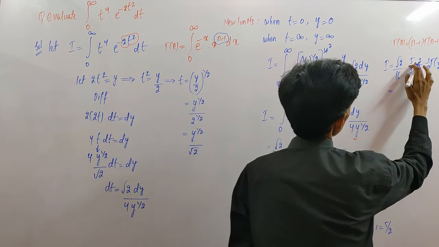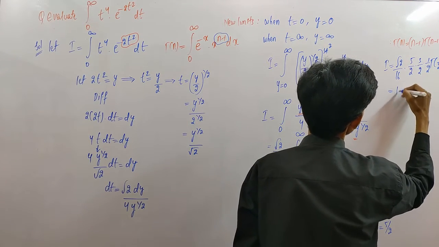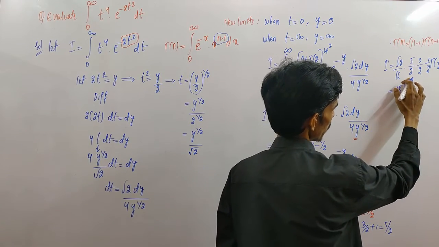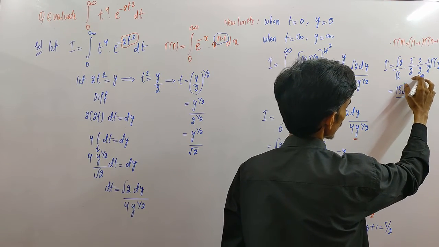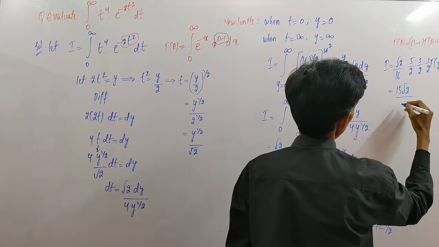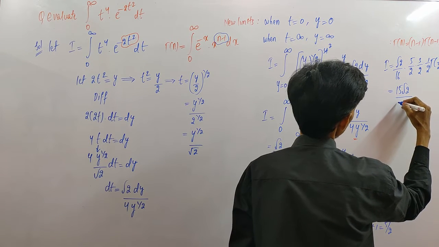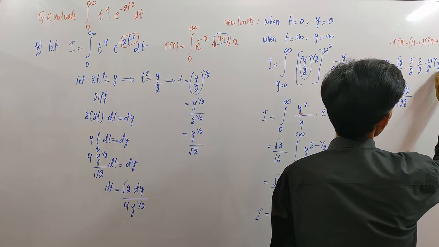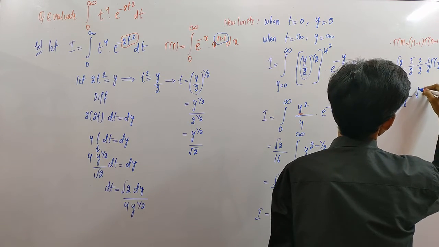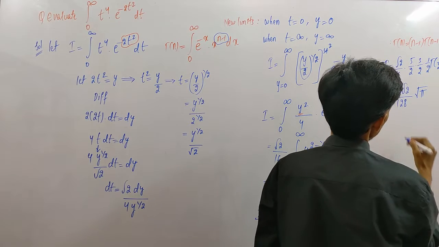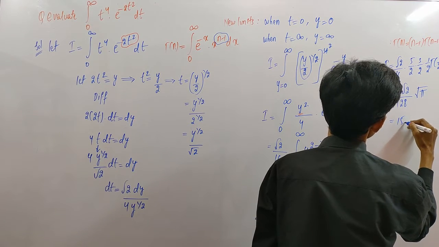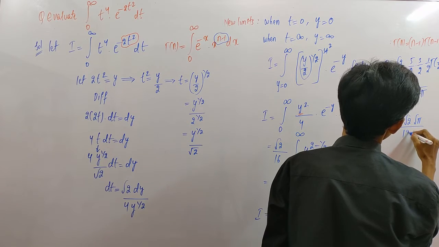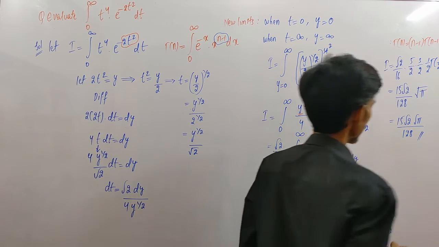So we have 5 3s are 15, 15 root 2, 16 2s are 32, 32 2s are 64, 64 2s are 128. Gamma of 1 by 2 value is root pi. Hence we have 15 root 2 root pi divided by 128 as the answer for this question.